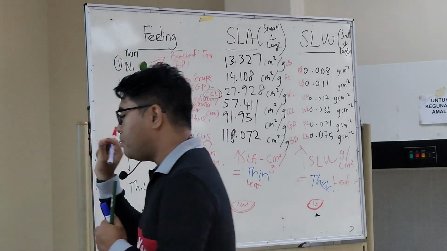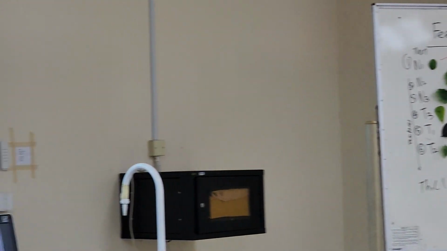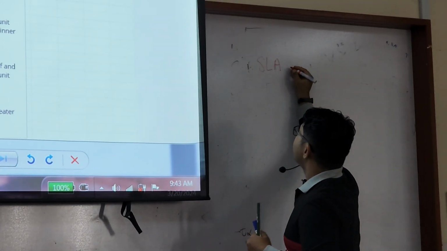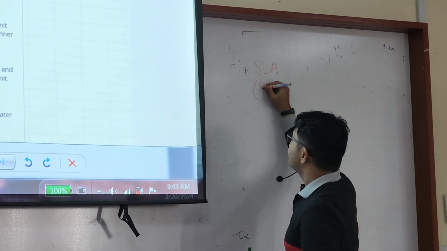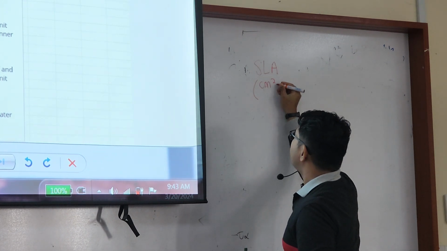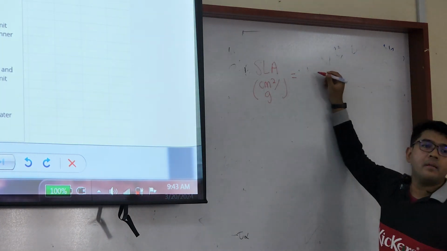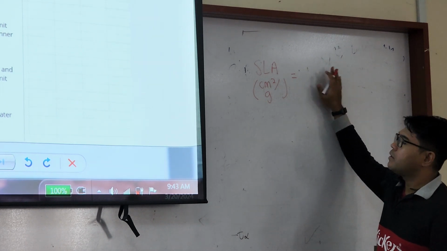I need to explain just a bit more for the groups that are a bit confused. So for SLA, what's the unit? Per gram. Meaning that, let's give one example. Can you give me one raw data for this?